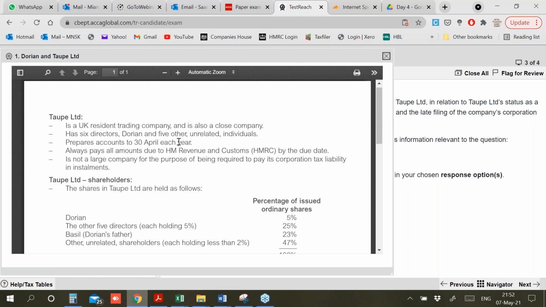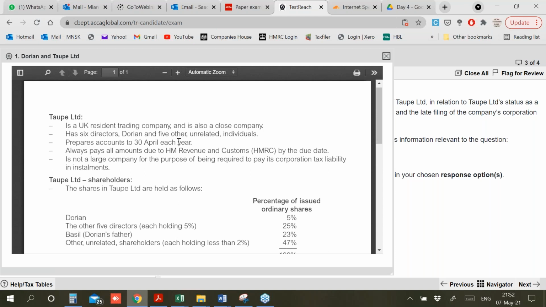Now, T Limited shareholders. The shares in T Limited are as follows. D owns 5% of the shares, the other 5 directors each holding 5%.